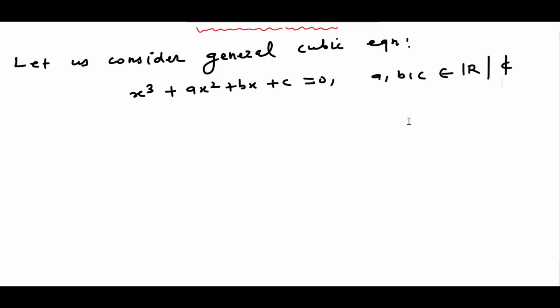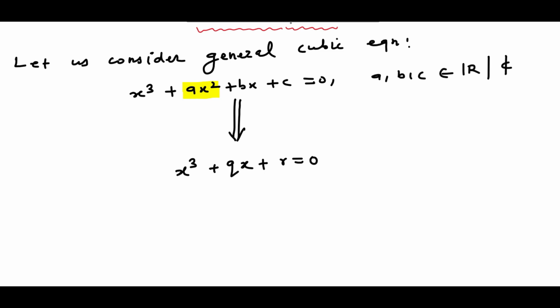So now we need to convert this general cubic equation into x cube plus qx plus r is equal to 0. That means we need to remove the second term of this general cubic equation.